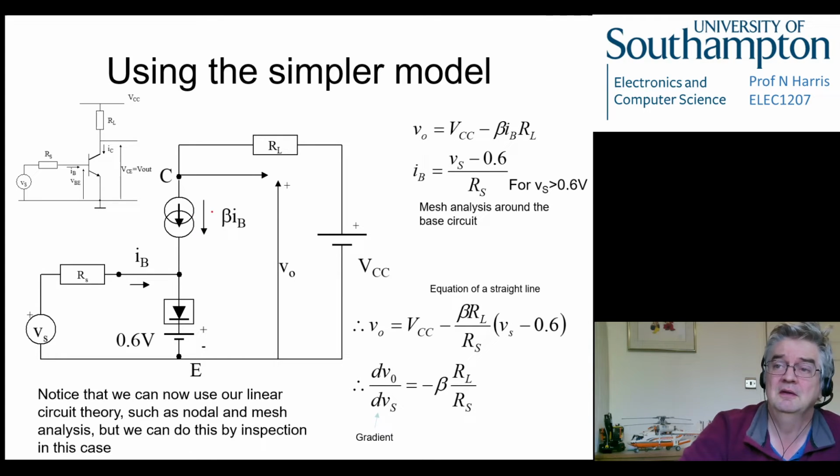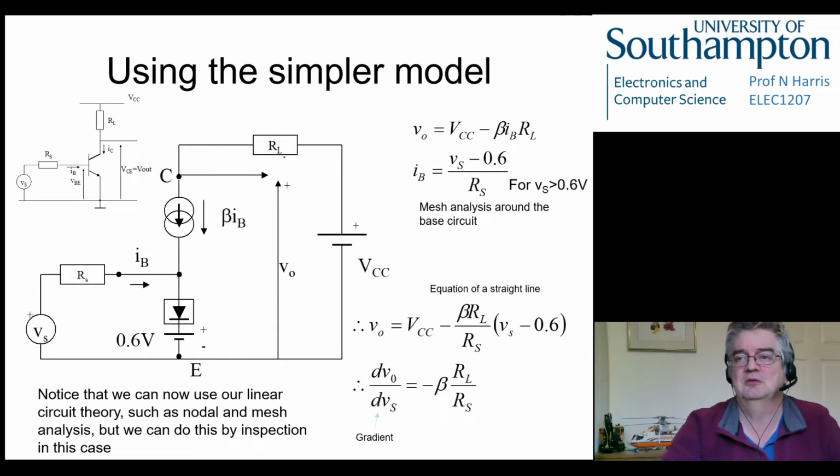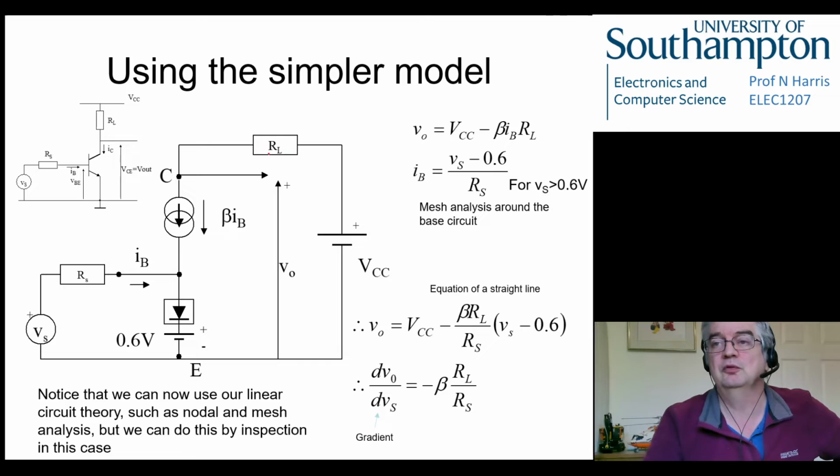It's not defined. But we are sure of what the voltage is across a resistor, because Ohm's law applies. So to find out what the voltage is at this point here, all we've got to do is work out the voltage drop across this resistor, because we know one end's at VCC, and that's not moving, and the other end is just Ohm's law.